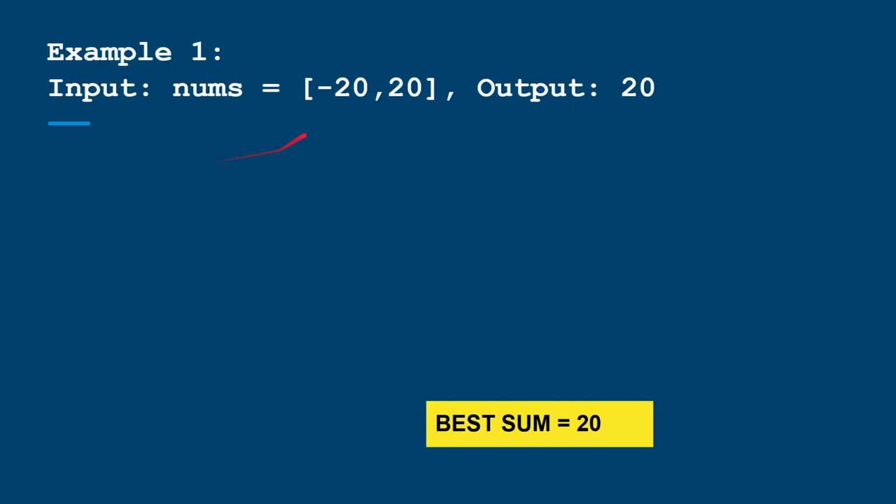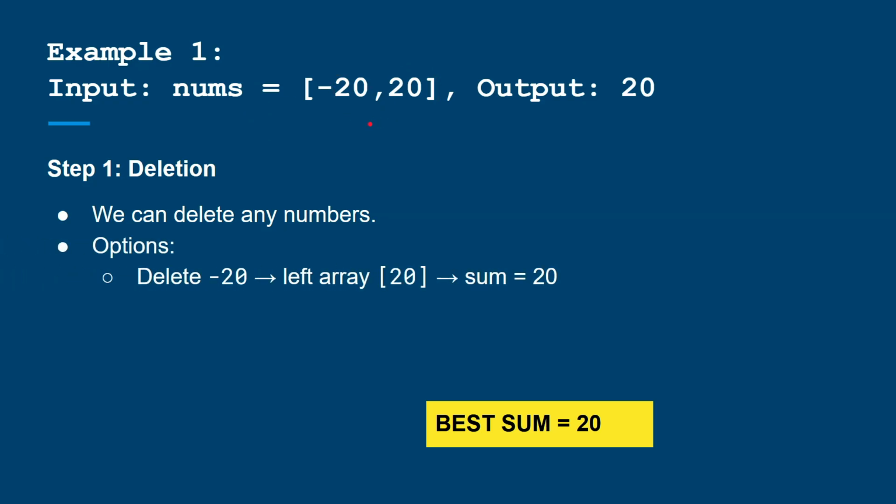Now example 2, where we have minus 20 and 20, and the output is 20. In the first step we delete the value that does not give the best sum. Option one: if we delete minus 20, the left array is only 20, so the sum is 20.